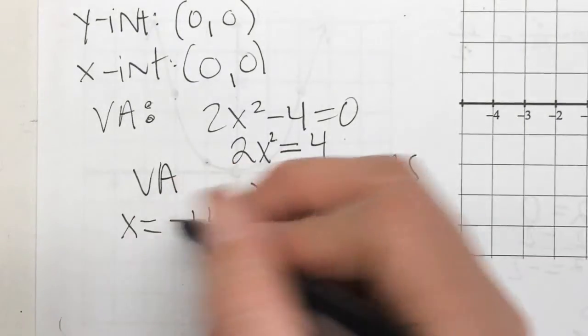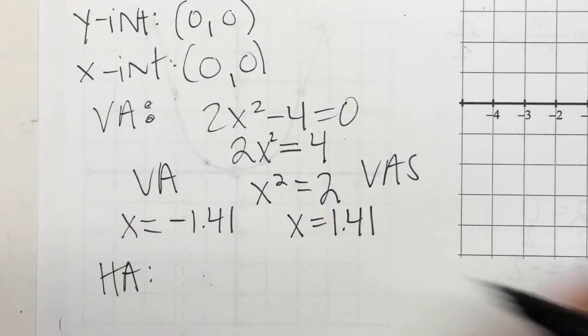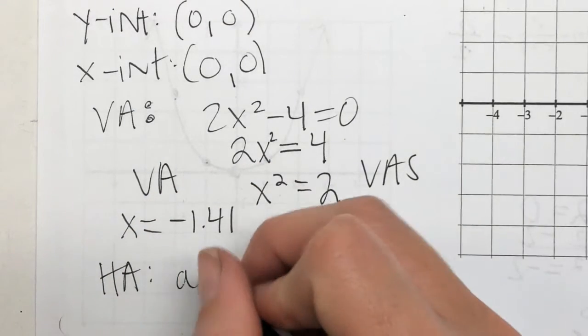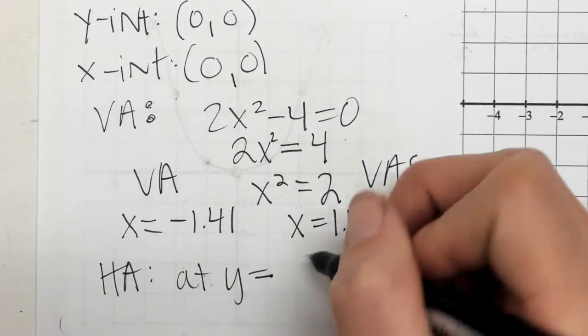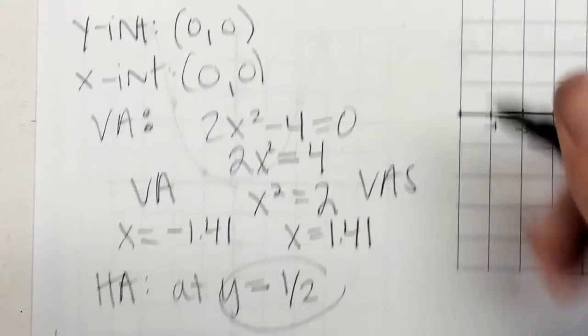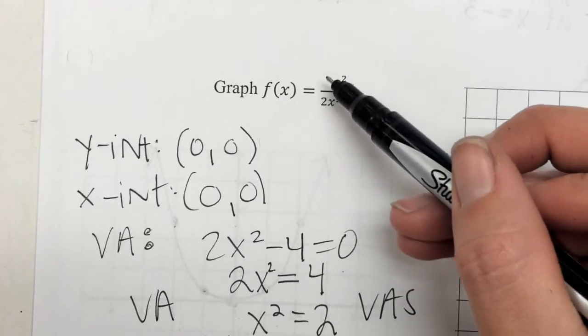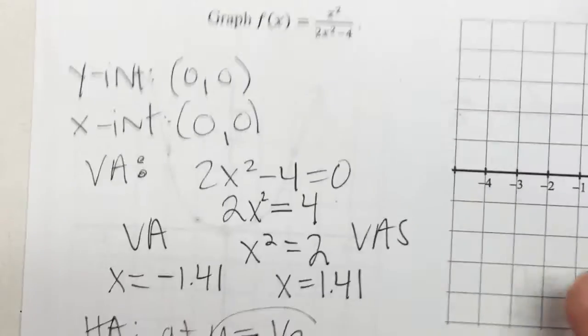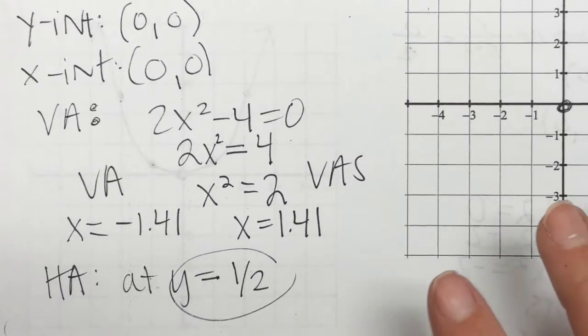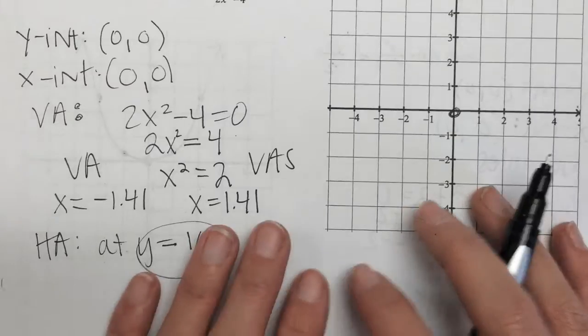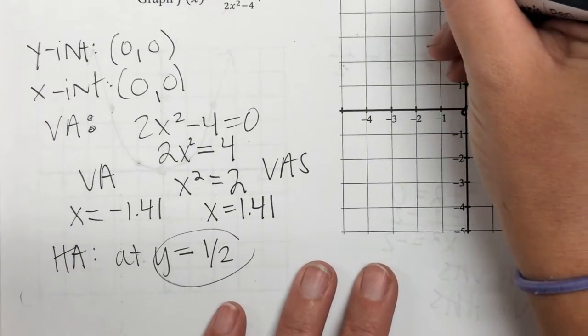What about horizontal asymptote? What do y'all think? At y equals 1/2. Good. Because it is a 1 on top there, and can't forget about this coefficient right here. Alright, draw your VAs and HAs, and I'm going to do the same. Negative 1.41.